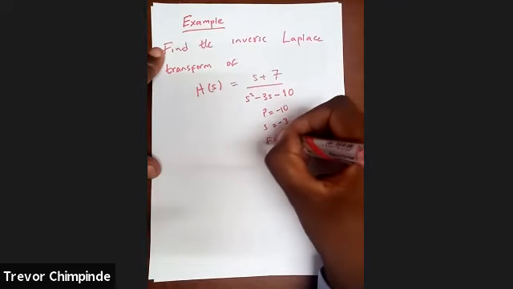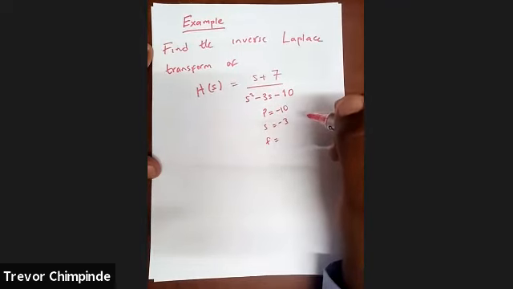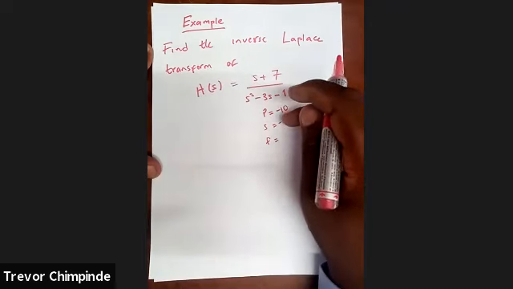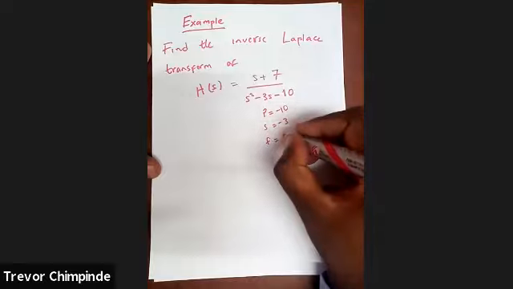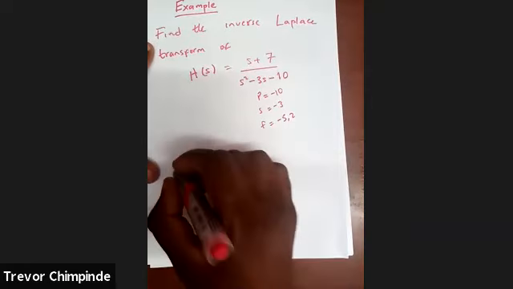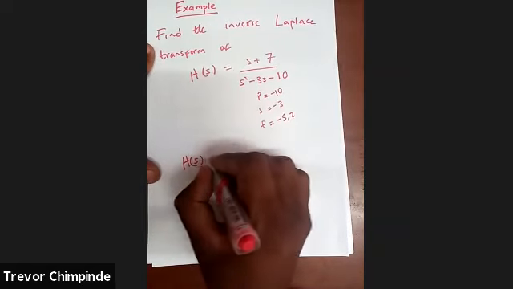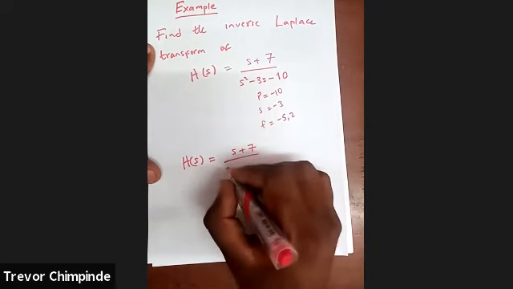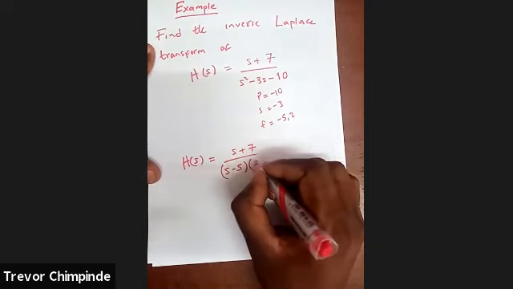So what are my factors? Two numbers which multiply to give me -10 and add to give me -3: -5 and 2. So H of s is s plus 7 over (s minus 5)(s plus 2).